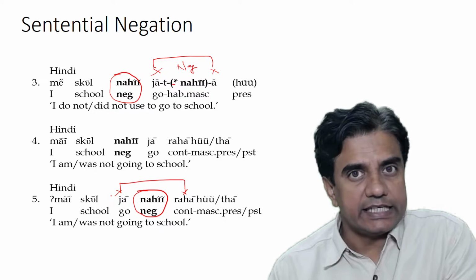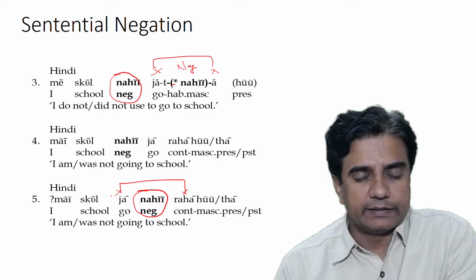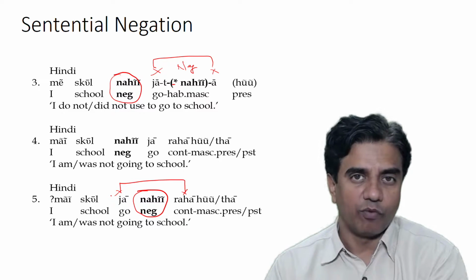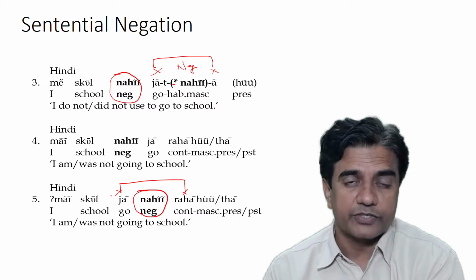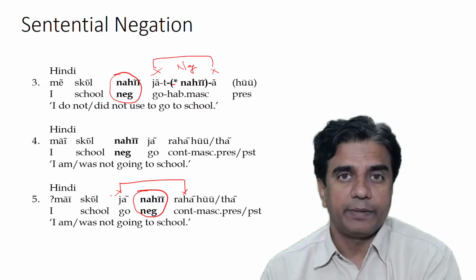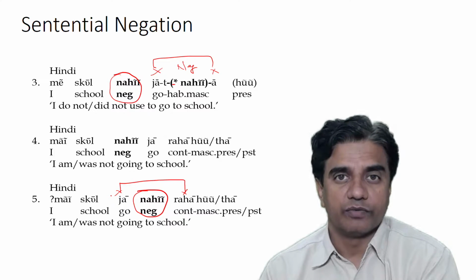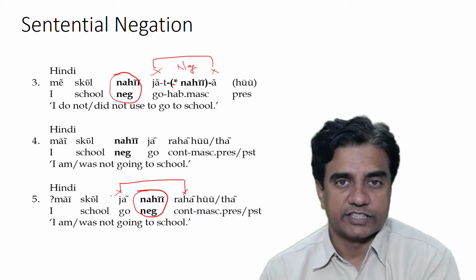Sentence number 3 indicates that when the aspectual marker appears as a morphological marker on the verb, the adjacency cannot be disrupted, as in 3.